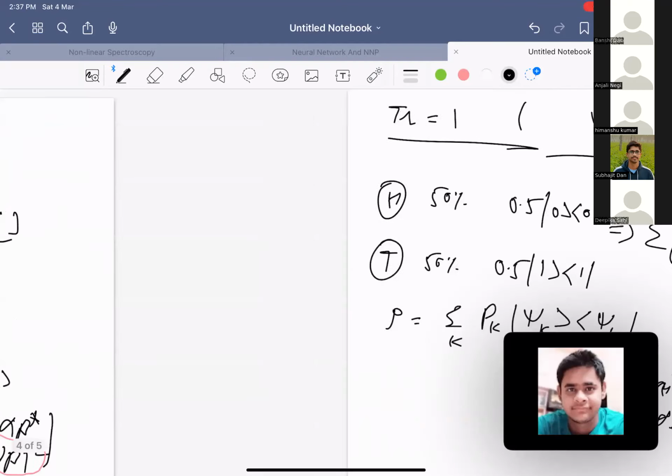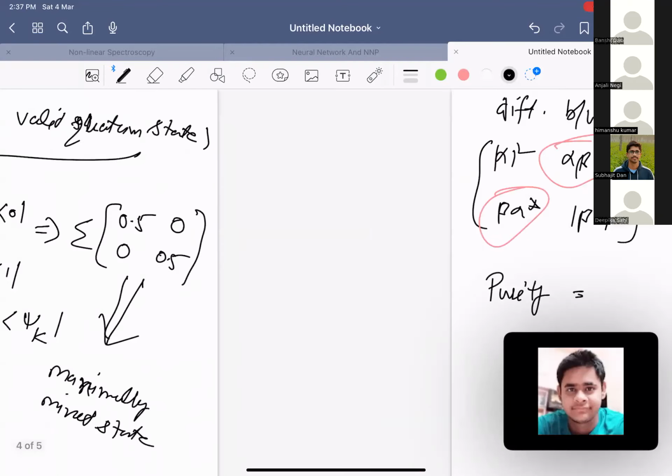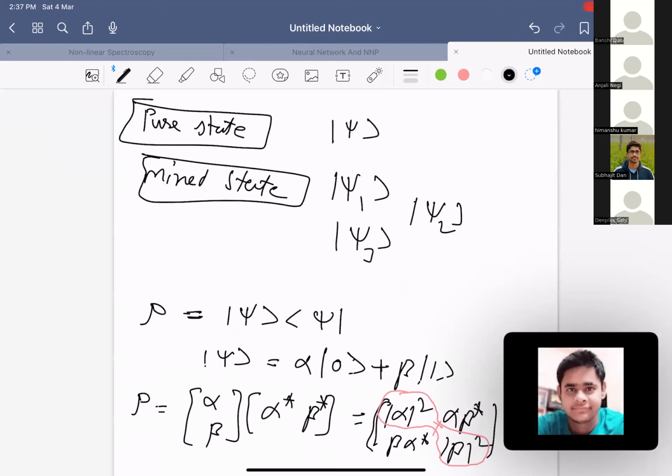Now psi can be represented by this density matrix, where alpha squared and beta squared are the probabilities in that particular 0 and 1 state, and alpha beta is their correlation. That's what Bansi was talking about. So that correlation actually comes in the pure state only.